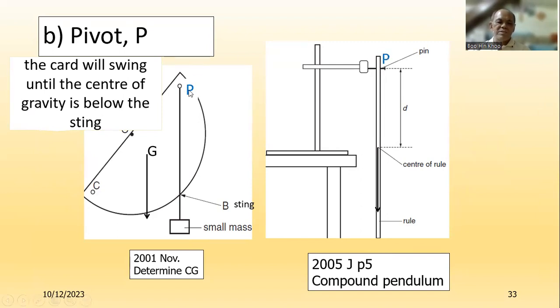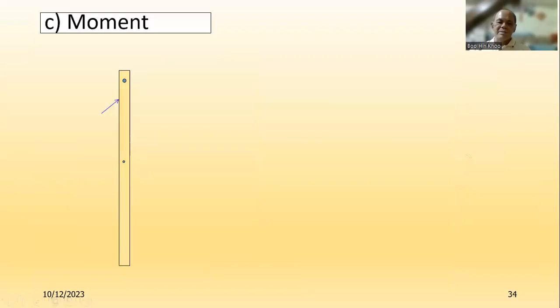Of interest is point P, which is called the pivot. There's a point P, the pin there. The hole that the pin makes is a pivot. There's a meter rule. There's the center of the meter rule, the center of gravity.